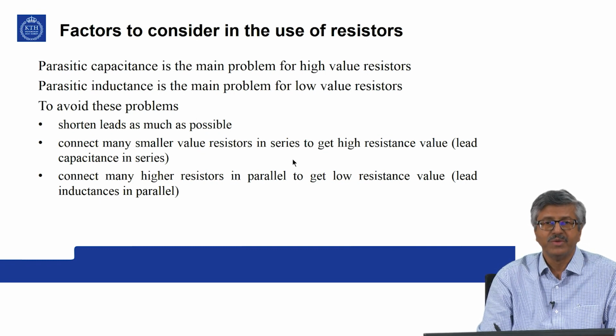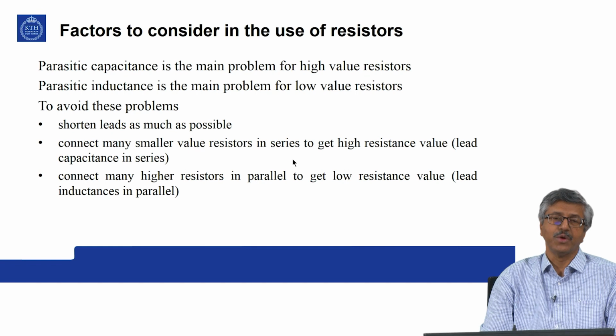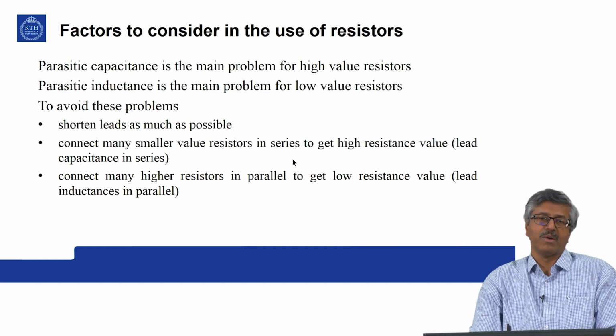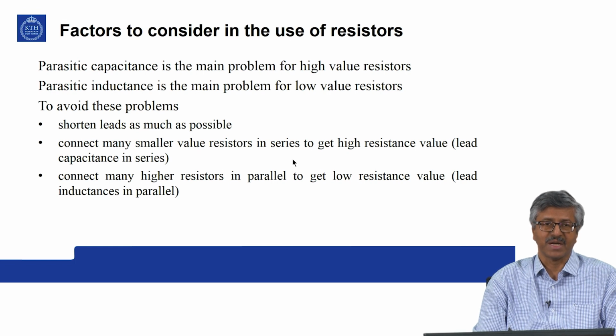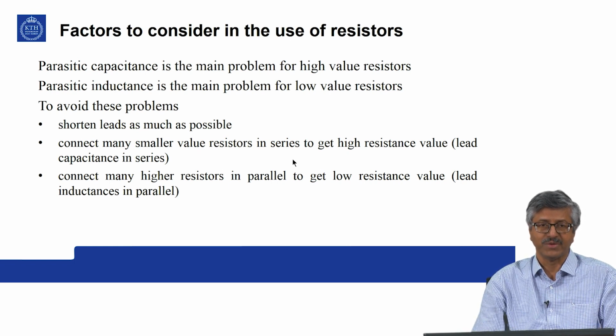So suppose you need a high resistance value. Instead of using, say, a 20 mega ohm or 1 mega ohm resistor directly, you can take, say, 10 resistors of 100 kilo ohm and connect them in series. Then the parasitic capacitance values are coming in series, so effectively you are reducing it.